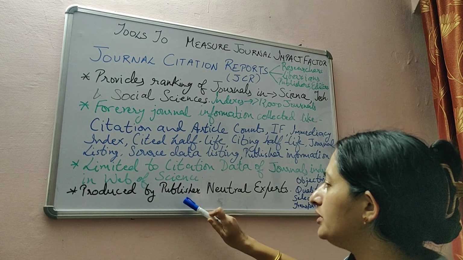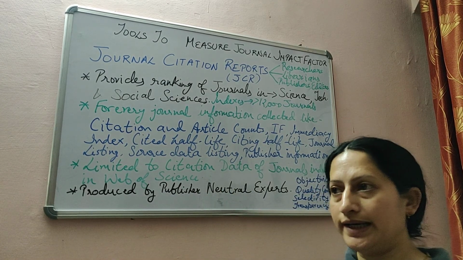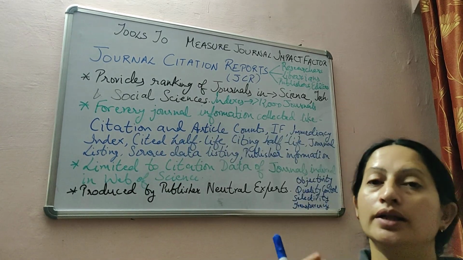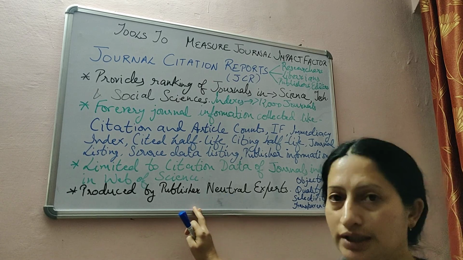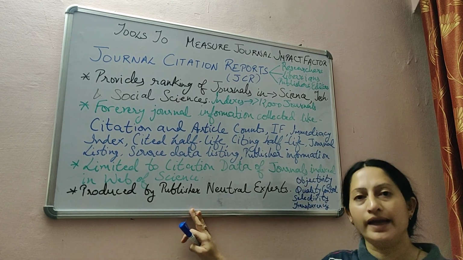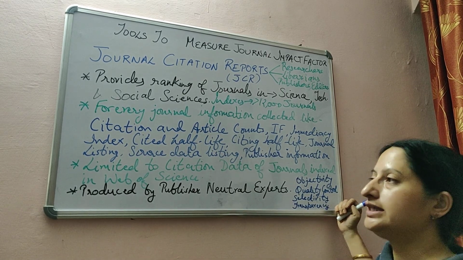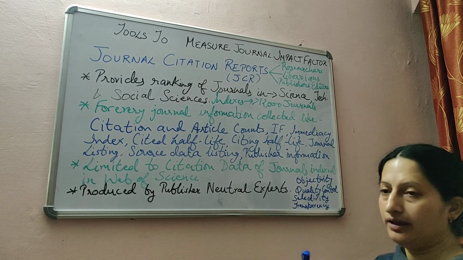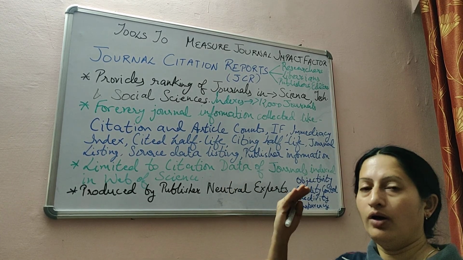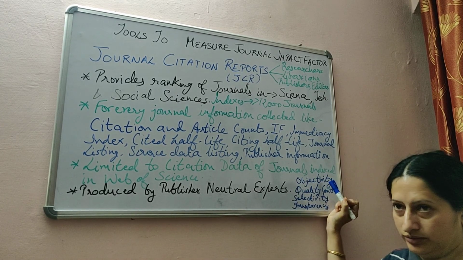Then it is produced by publisher neutral experts, meaning experts who are not related to the publisher. They produce this report, so it's not influenced by anybody. Now the positive aspects, or advantages, of JCR: it is objective.